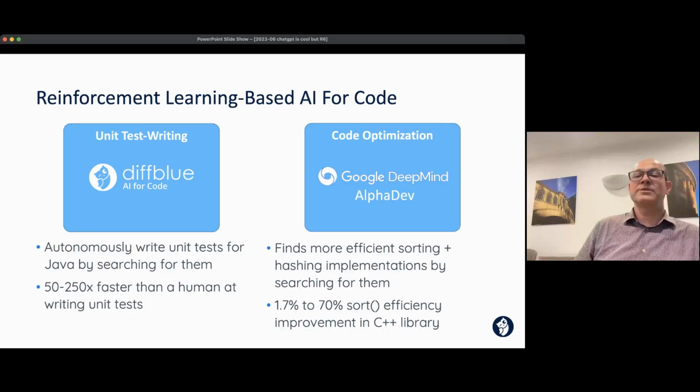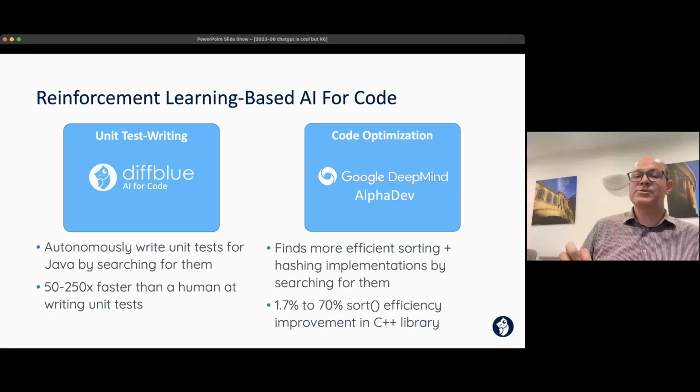And then Google DeepMind a couple of weeks ago announced AlphaDev. In the case of unit test writing, we are writing unit tests autonomously for Java applications by searching for those unit tests. That's essentially what's going on. And it's very fast. It's about 1.5 seconds for us to write a unit test, so much faster than a human.